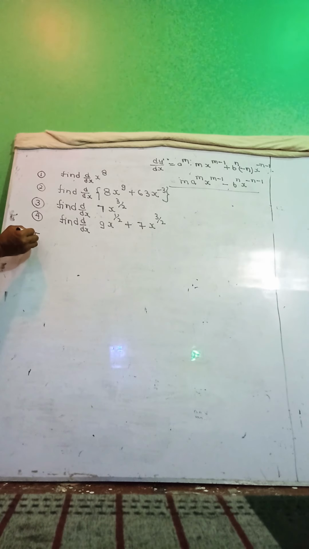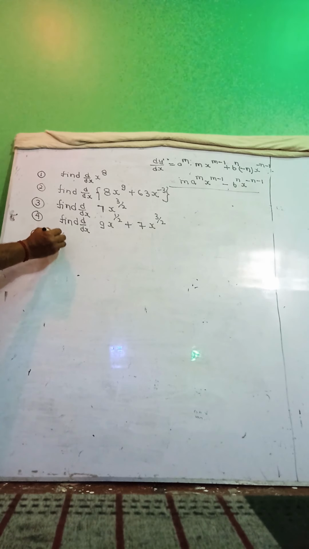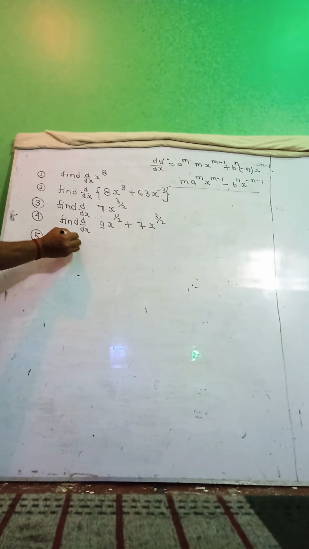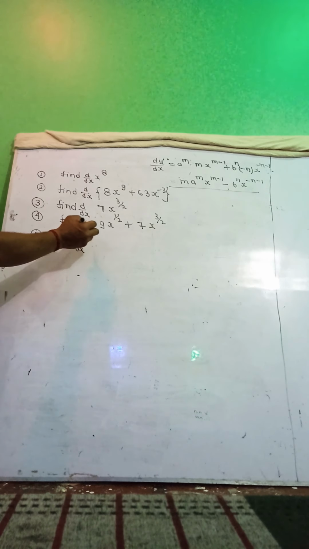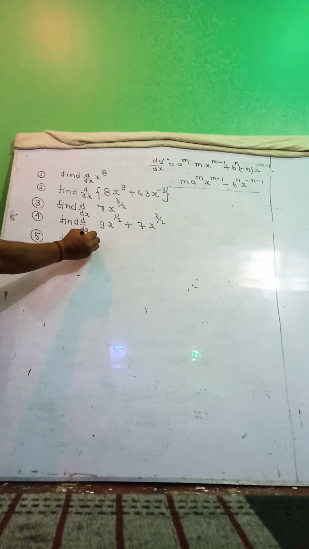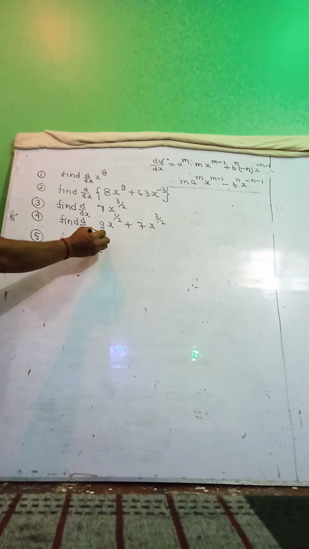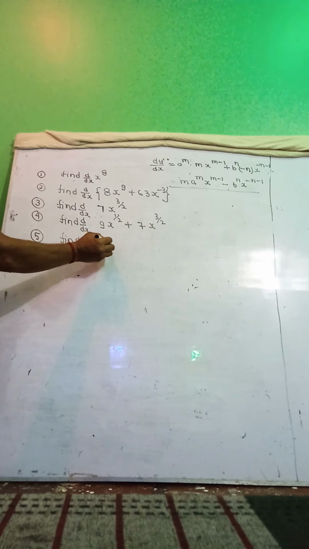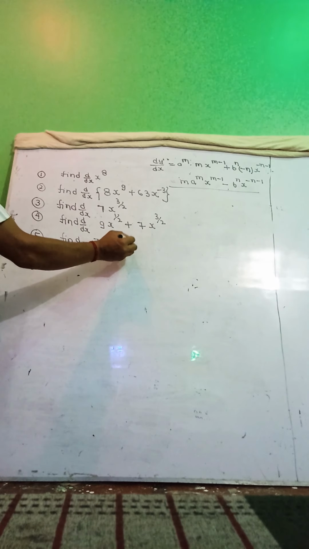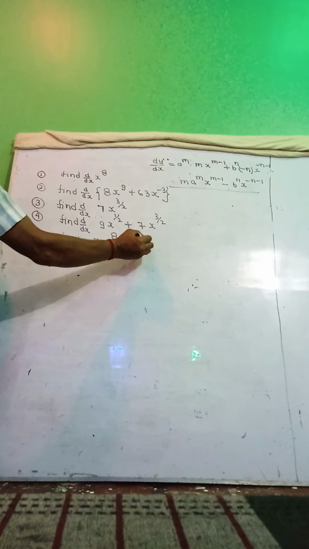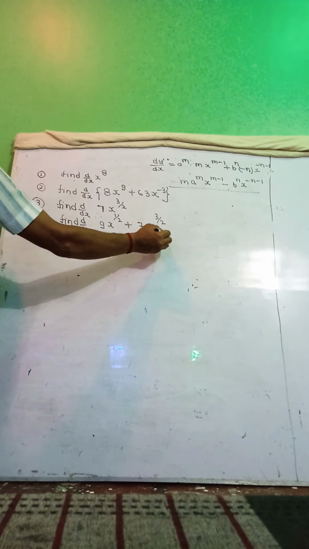Question number 5 is find d/dx seven by 2 x power 8 plus 9 x power minus 4.